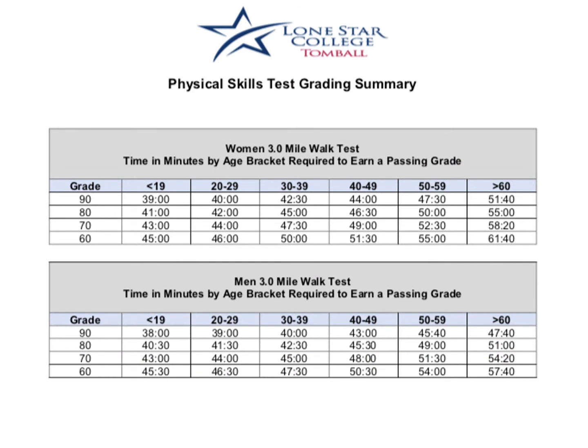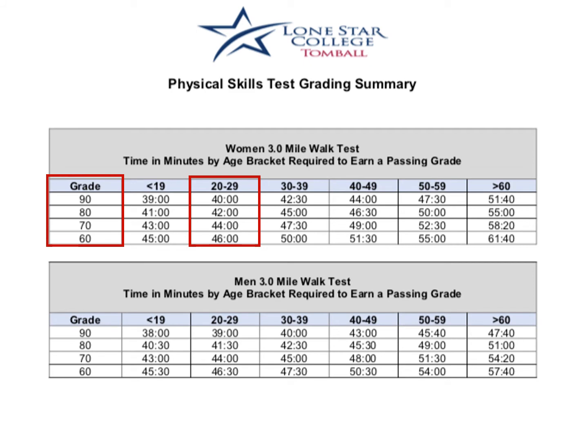Let's take a look at the grading chart. The grading criteria shown is adopted from research conducted by the Cooper Institute in Dallas, Texas. For example, let's discuss the 3-mile walk. If you are a 25-year-old female, you would fall in the column with the age range of 20 to 29 for the 3-mile walk. To the left is the grade column.